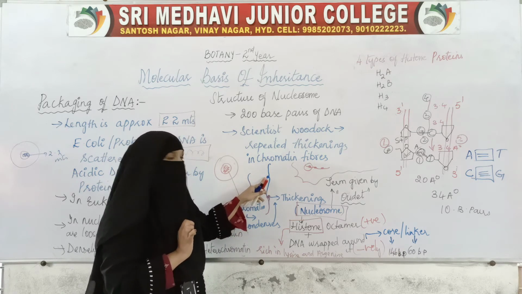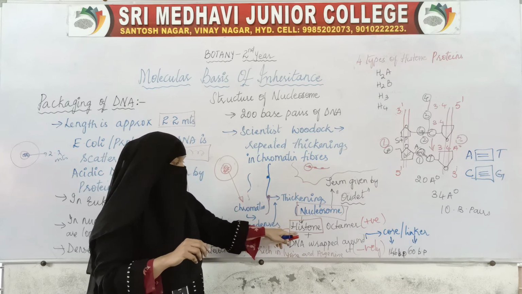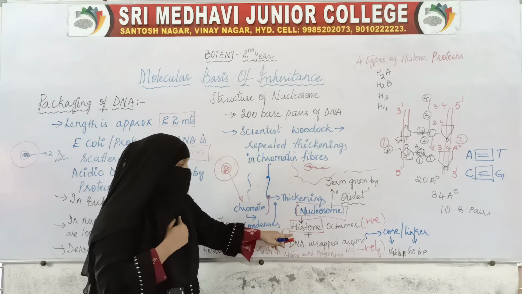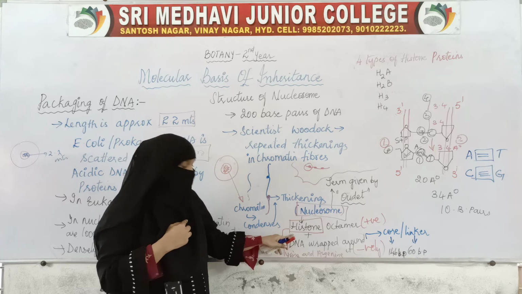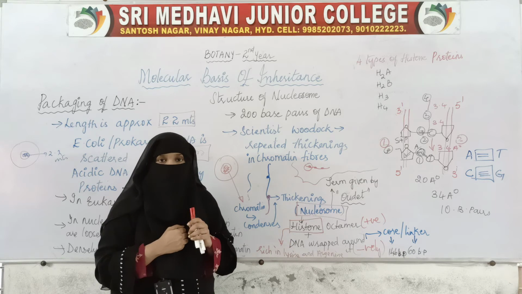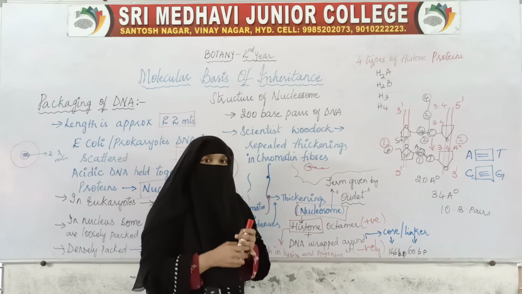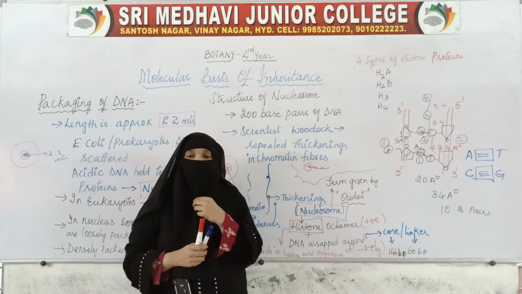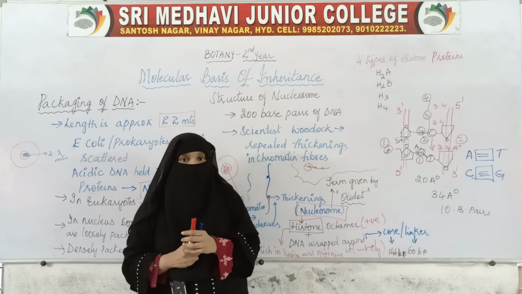The nucleosome consists of two things. First is histone proteins, plus DNA. We have an octamer of histone proteins. Octamer means 8: a ball of 8 proteins will be there.